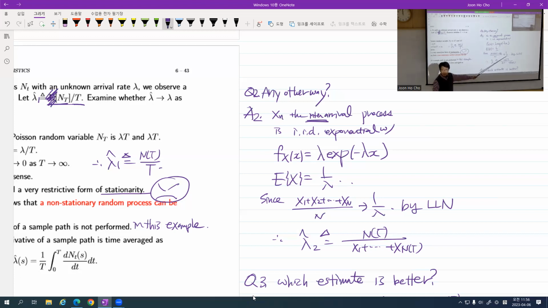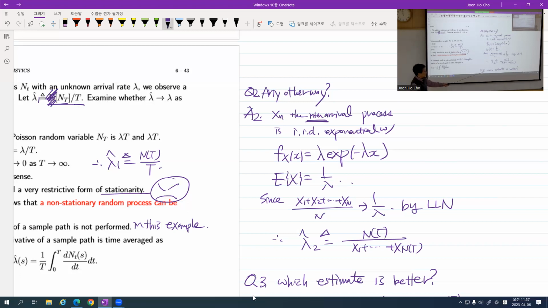As you will be taught in statistical signal processing, one of the method of moments estimators is simply you divide n over t by the sum of inter-arrival times. You can show that this also converges to the true value lambda if t is large enough, or it depends on the ratio.